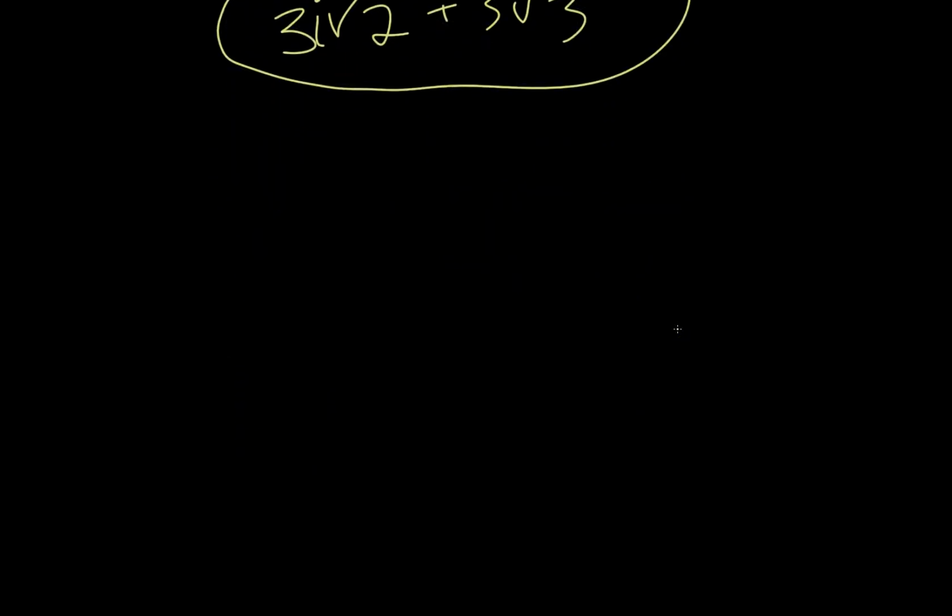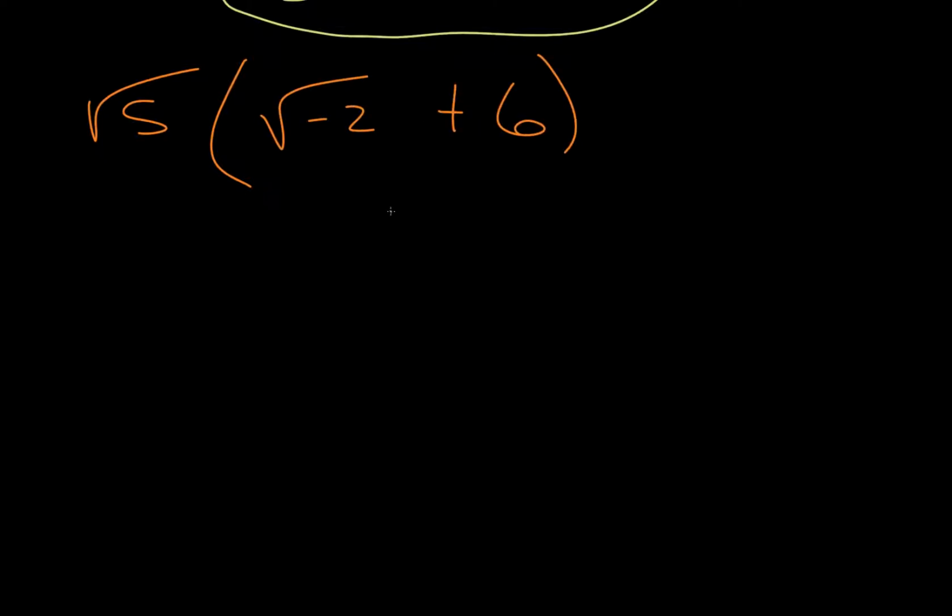And let's just do one more like that. So let's do square root of 5 times square root of -2 plus 6. Once again, our goal is to distribute.